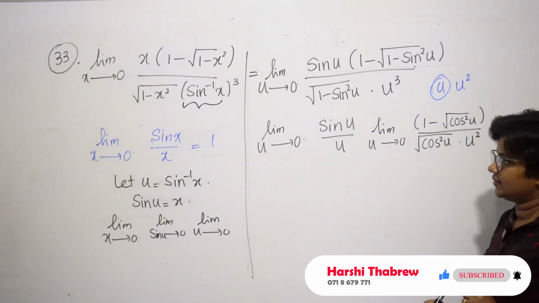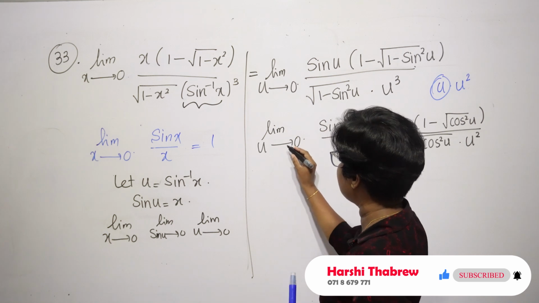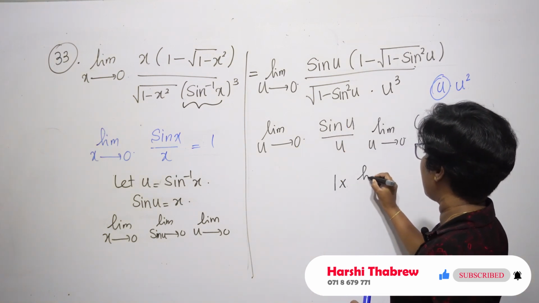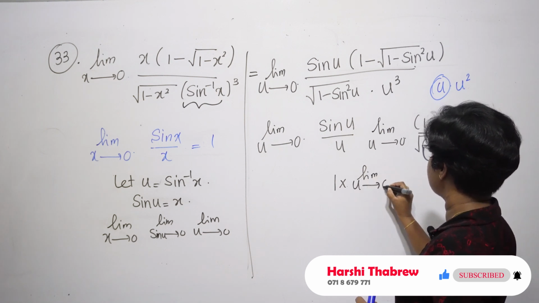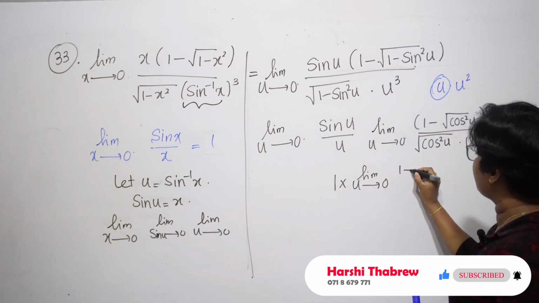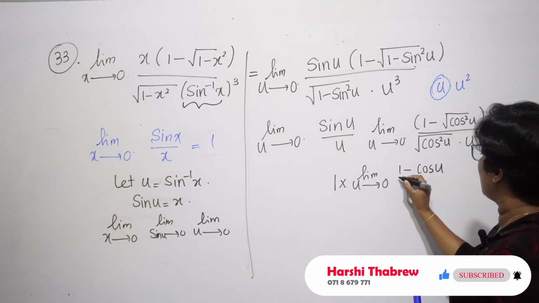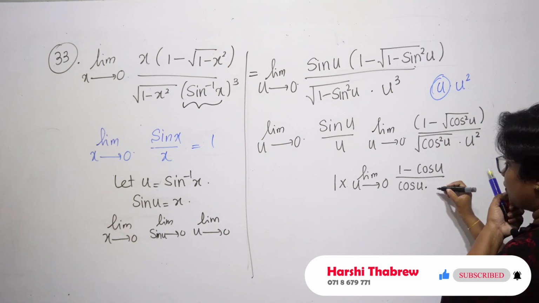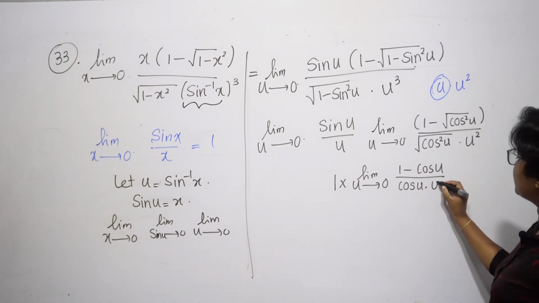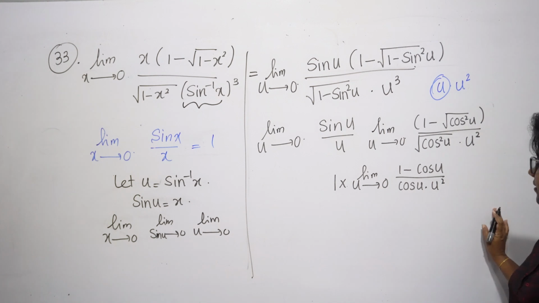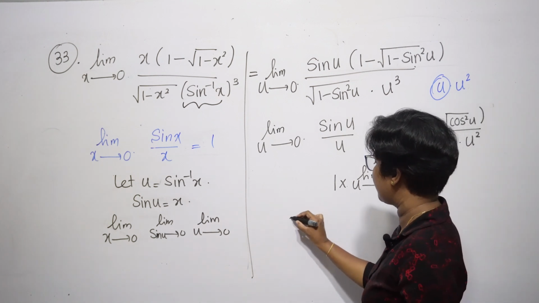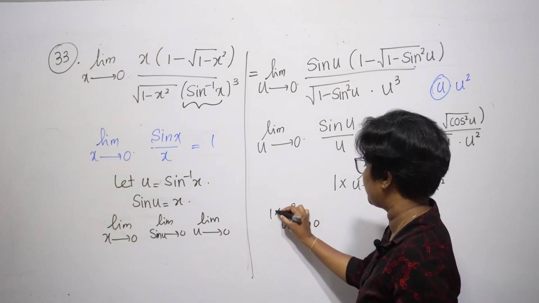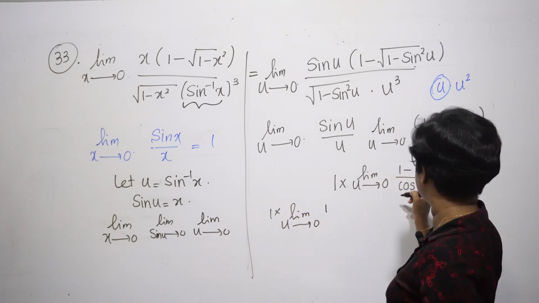Fine. Then you know, as u approaches 0, sine u over u equals 1. So 1 times the limit as u approaches 0 of (1 minus cos u) over cos u times u to the power 2. Now you can write 1 times (1 minus cos u).